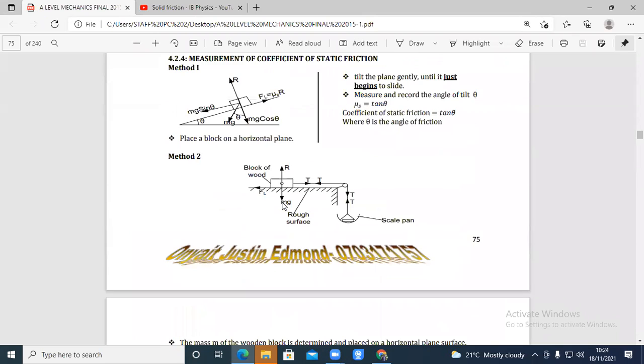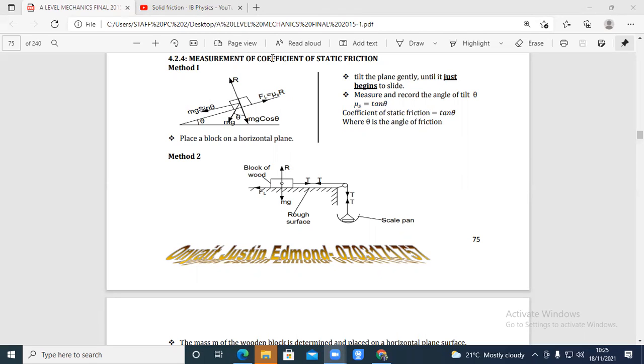Members, have you understood the definition of friction, the three laws and how to explain them using the kinetic theory of matter, and how to determine the coefficient of friction? Have you understood all those three concepts? I understand the first law explanation.